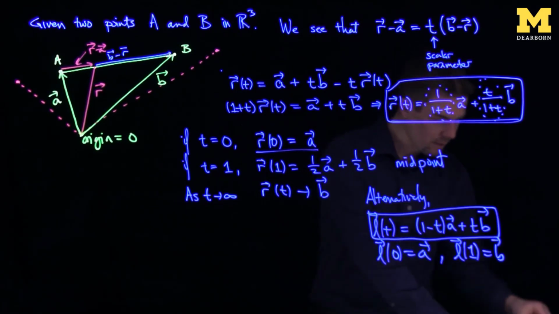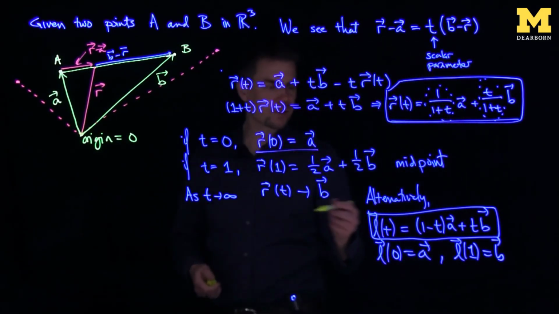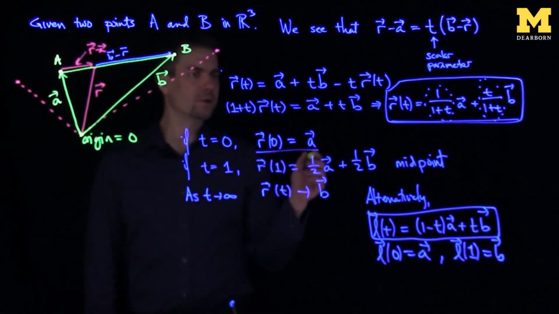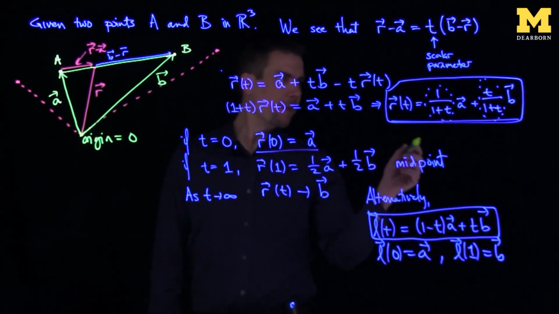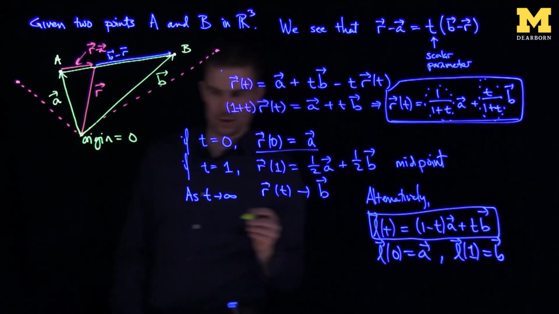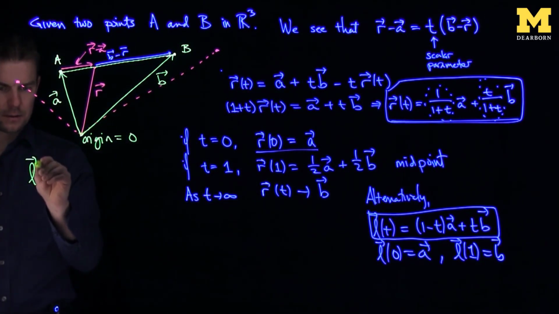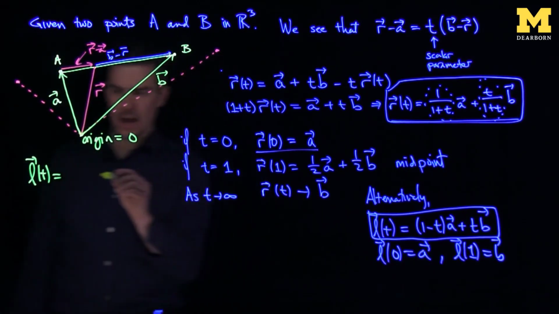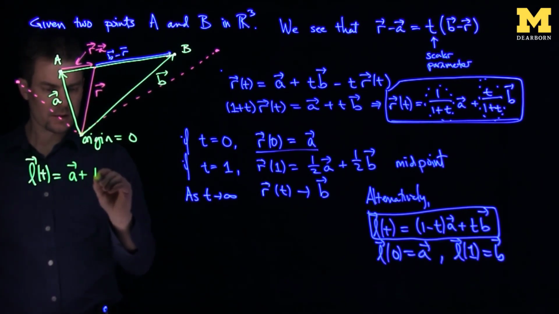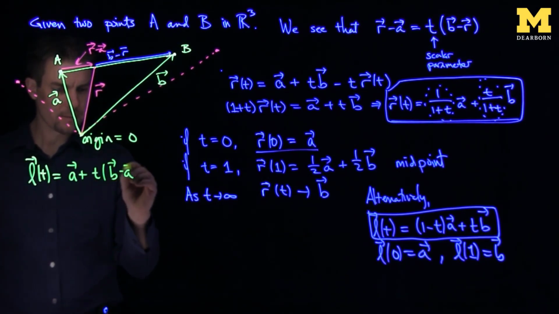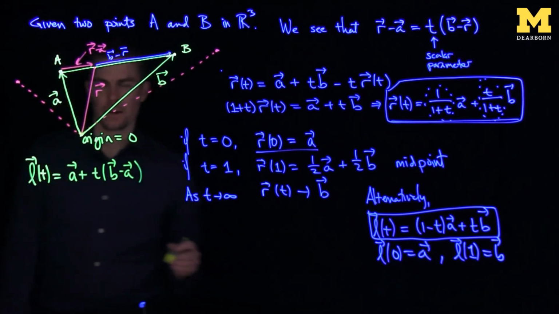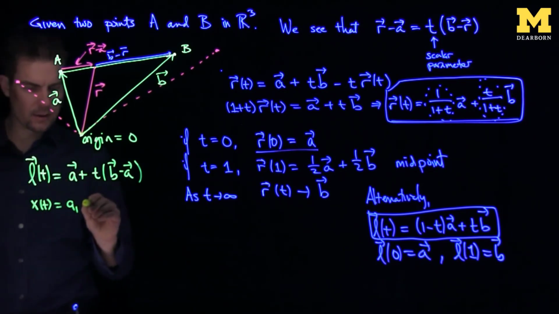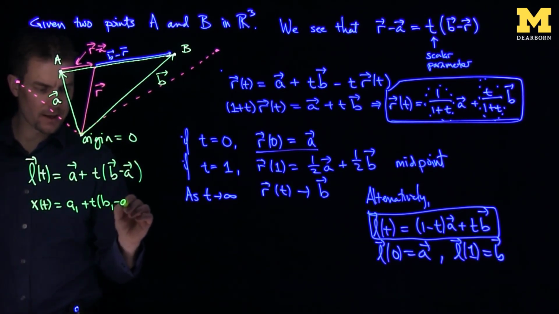Now, from these parameterized versions of the line, we can find the symmetric version of the line. Let's look at this equation over here. L of t is equal to a plus t times b minus a. And this tells me that the x-coordinate of this vector will be a1 plus t times b1 minus a1.